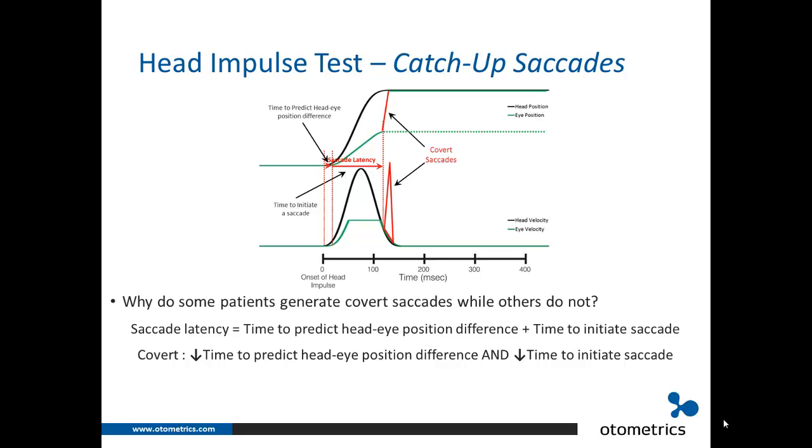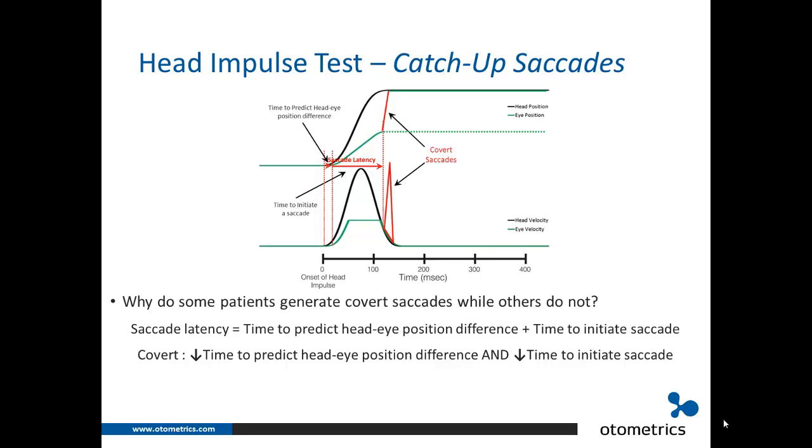To answer this question, one has to be familiar with the concept of saccadic latency. For catch-up saccades, both overt and covert, the saccadic latency is defined as the time difference between the onset of the head movement until the occurrence of the saccade. It consists of two components. First, the time that it takes to predict the difference between head and eye positions, and second, the time to initiate the saccade.